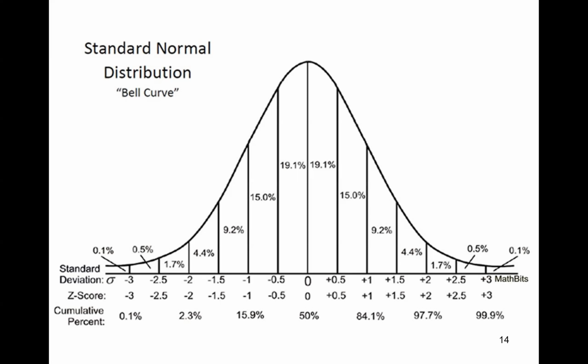The probability that X is less than -2.5 is going to be 0.1% plus 0.5%, etc. Now, if we have a two-tailed risk, so if we are thinking, for example, what's the probability that X is either less than -3 or greater than +3, those two probabilities are going to be 0.1% here plus 0.1% here.